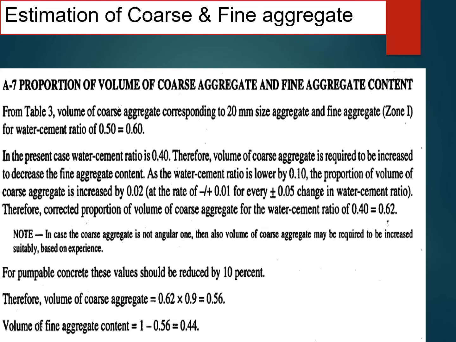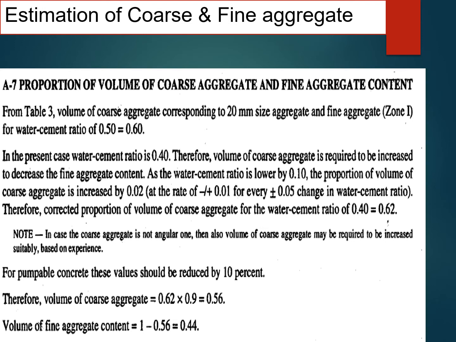As the water cement ratio is lower by 0.1, the proportion of volume of coarse aggregate is increased by 0.02, at the rate of plus minus 0.01 for every 0.05 change in water cement ratio. Therefore, corrected proportion of volume of coarse aggregate for the water cement ratio of 0.4 will be 0.62.